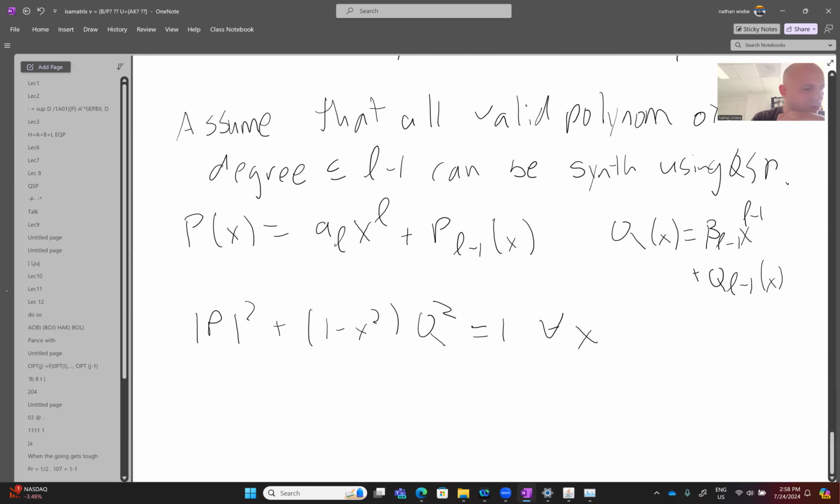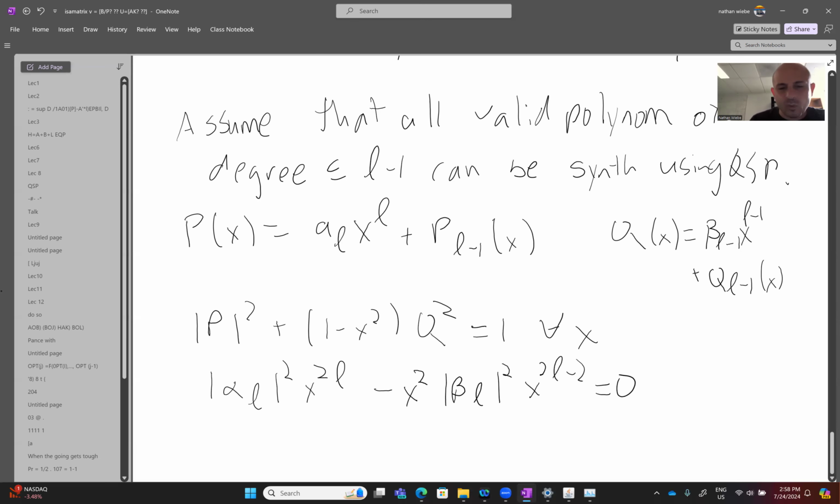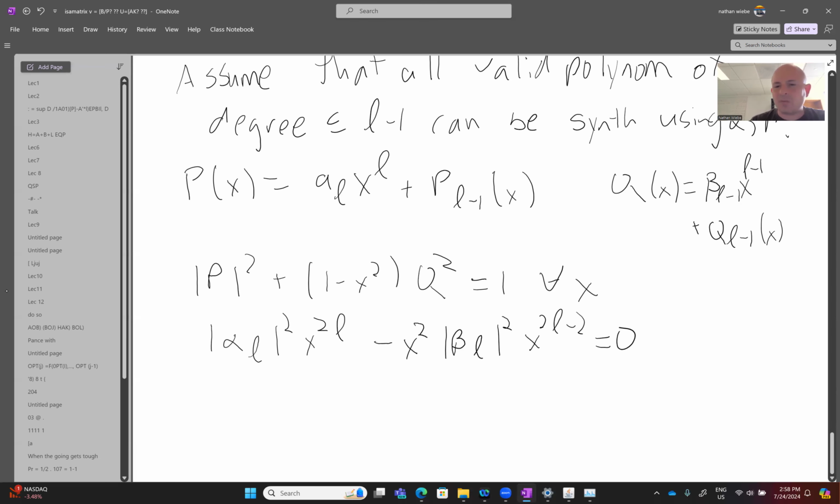Thus, the only way this can hold is that alpha_L squared x^{2L} minus x squared beta_L squared x^{2L-2} has to equal 0. Why is that? Because when we look at this expansion, we can look at the coefficient of the highest order term in the polynomial.